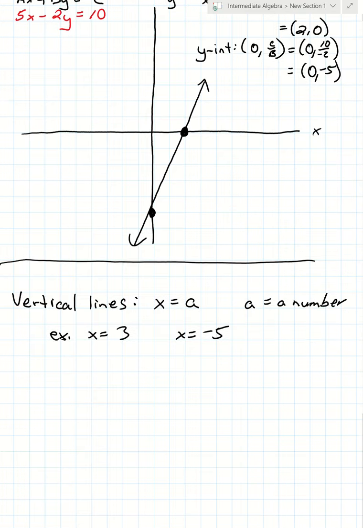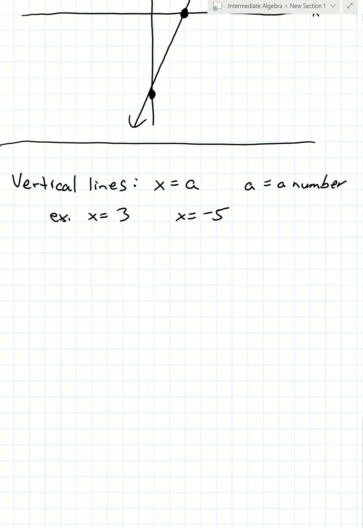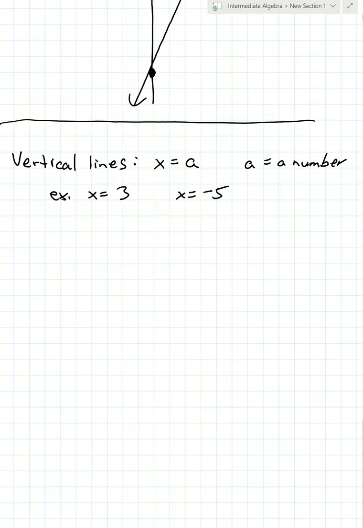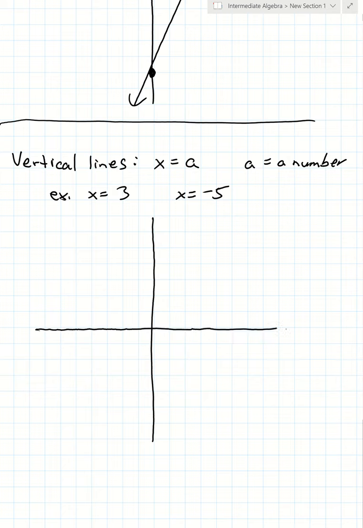And I want to graph these vertical lines on the coordinate plane. And it's very easy to do. Don't be confused. Here you'll notice that all we have is one variable. In this particular case, the variable is x.